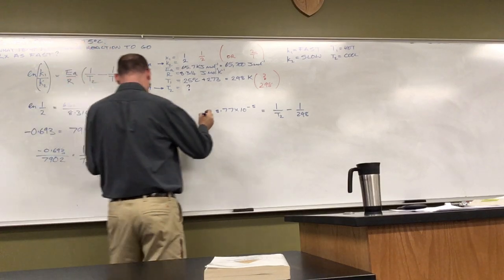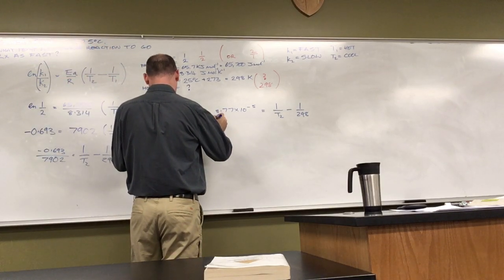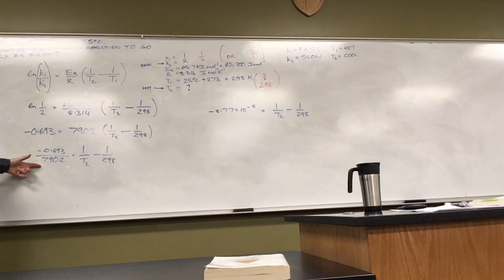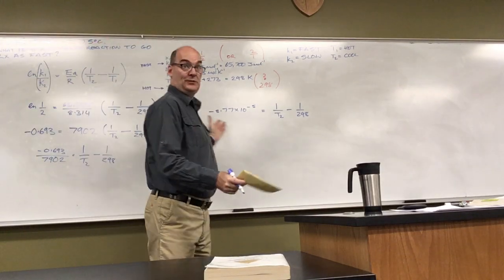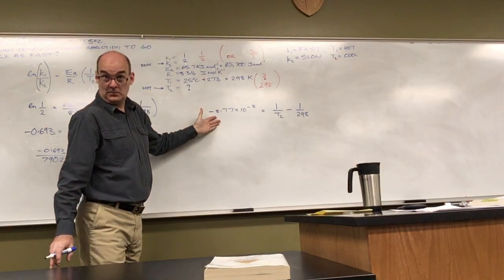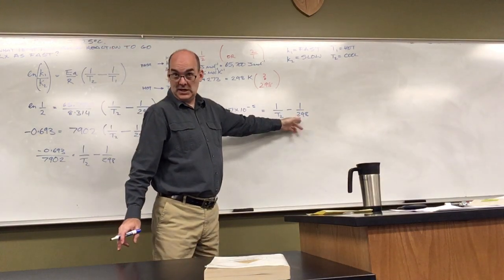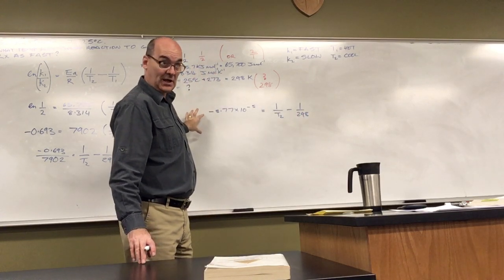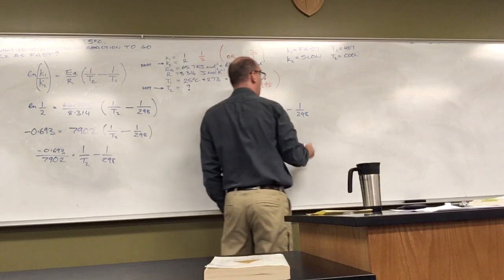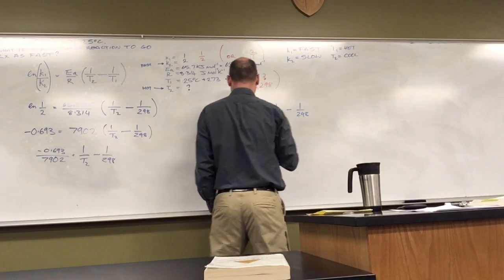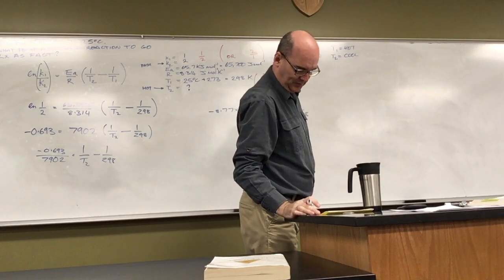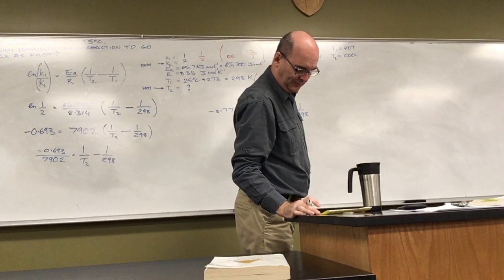Oh, is this negative? Yeah. That was a negative number divided by a positive number, so my number stays negative. We told you there was going to be a negative in there. There's also a negative building here, but I'm going to move it over onto the other side. 1 divided by 298 is 0.00335.